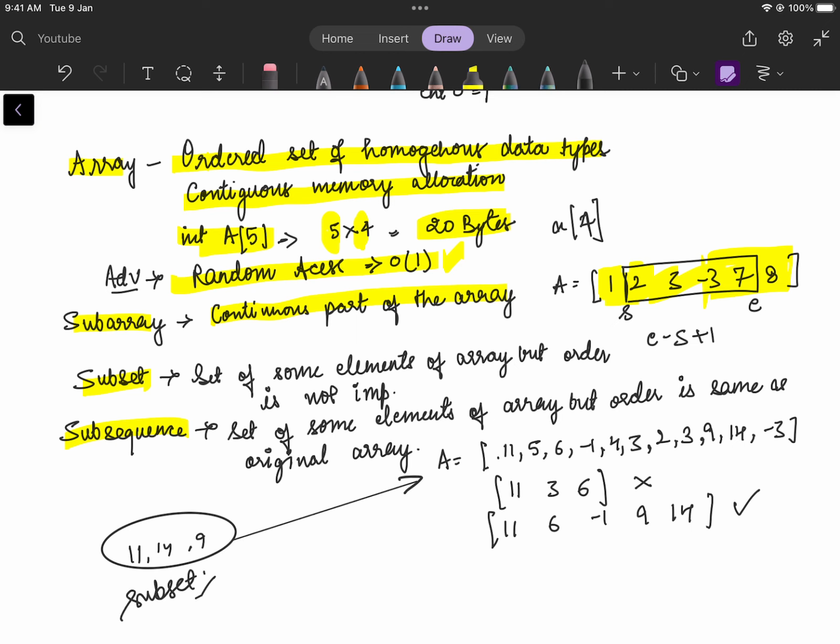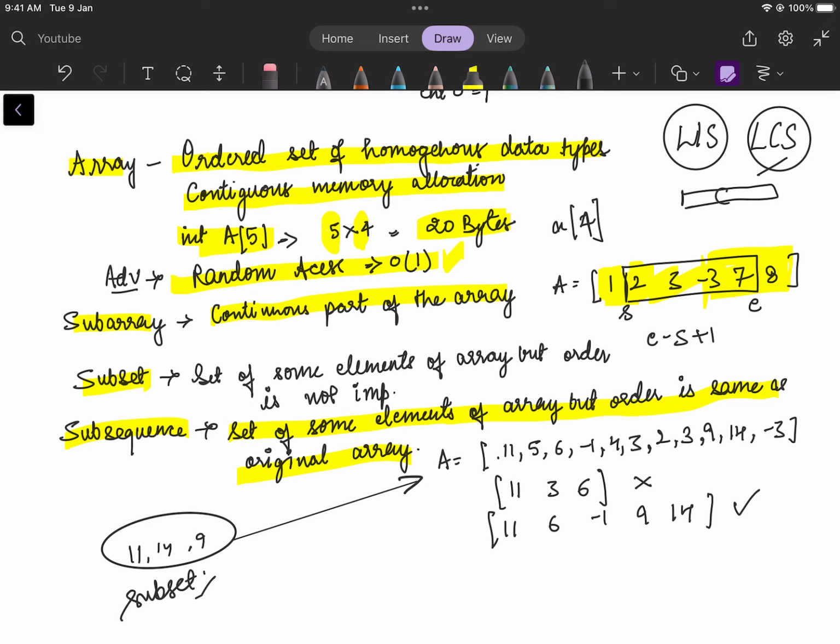Then the third term is subsequence. Subsequence is a set of some elements of the array, but the order is the same as the original array. You have seen the famous problems LIS, longest increasing subsequence, and LCS, longest common subsequence. If there are two strings, we need to find the common subsequence.